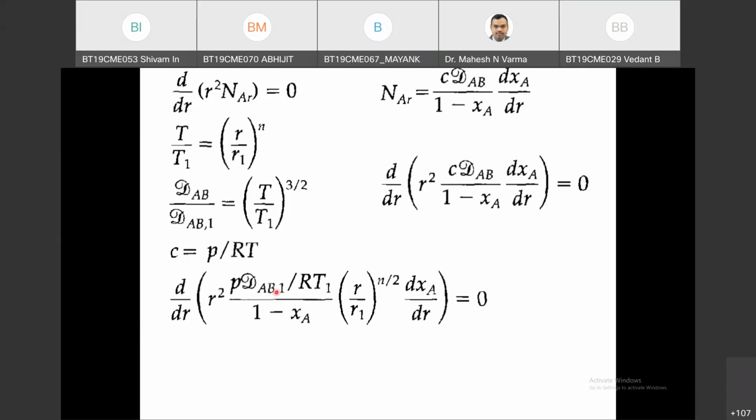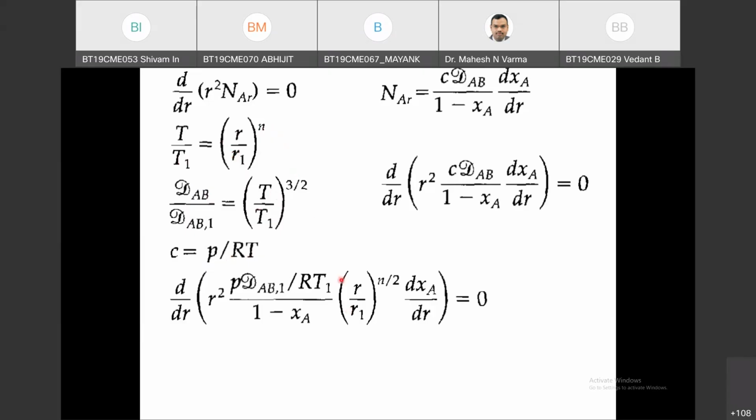So as I told, C equals P by RT, and T equals R divided by R1 raised to N into T1. You can substitute that. Similarly, DAB equals T divided by T1 raised to 3 by 2 into DAB1, and this T equals R divided by R1 raised to N into T1.